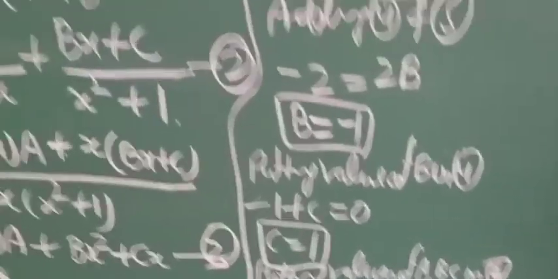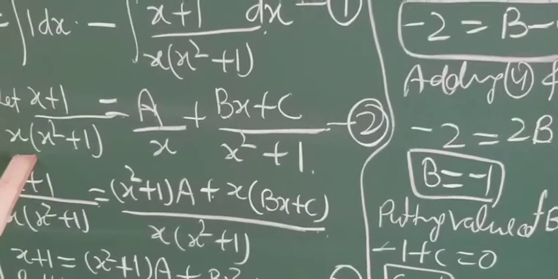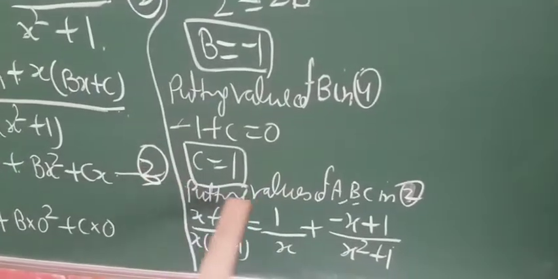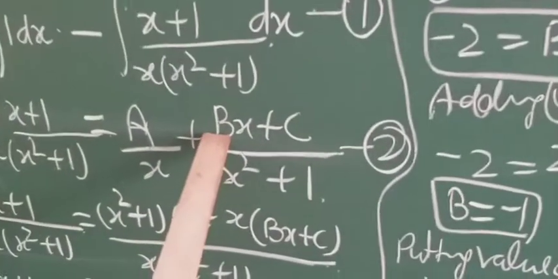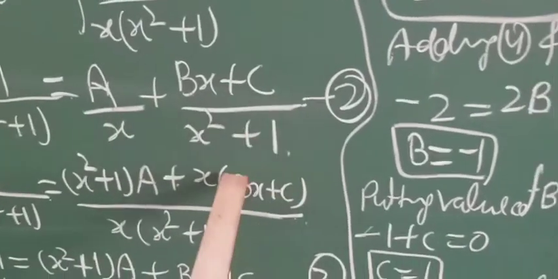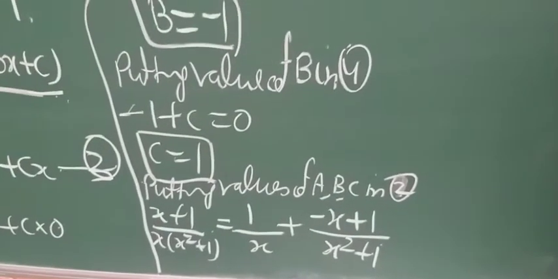Now put the values of A, B, C in equation number 2. So (x plus 1) upon (x squared plus 1) equals A value 1, so 1 upon x, B value minus 1, so it becomes minus x, C value 1, minus (x plus 1) upon (x squared plus 1). So 1 upon x minus (x plus 1) upon x squared plus 1.